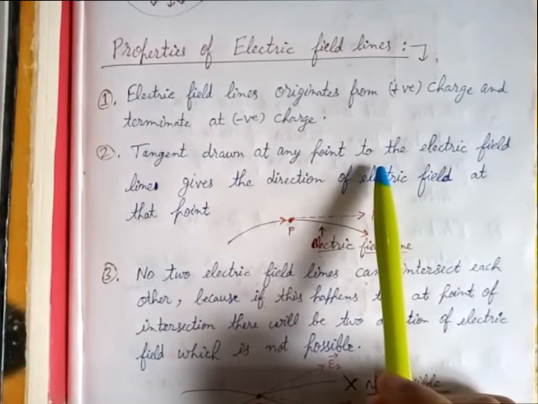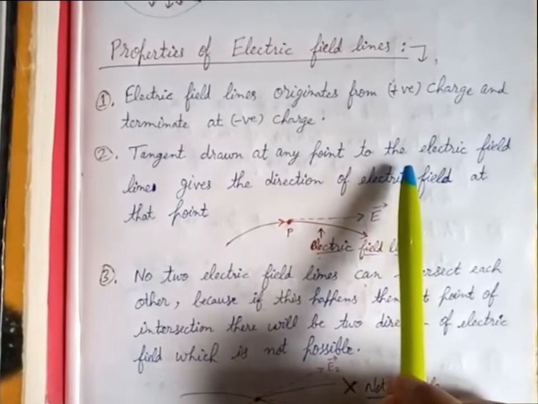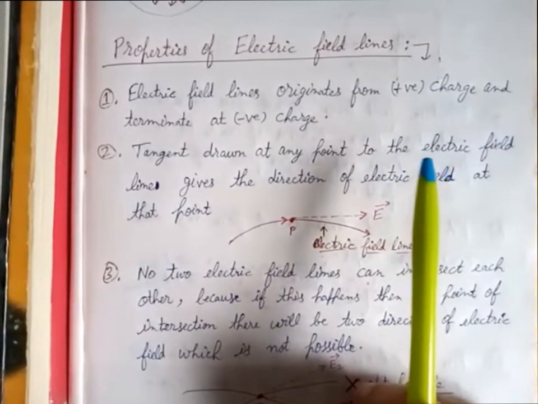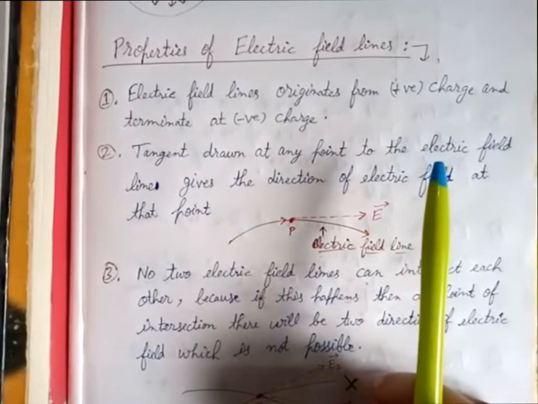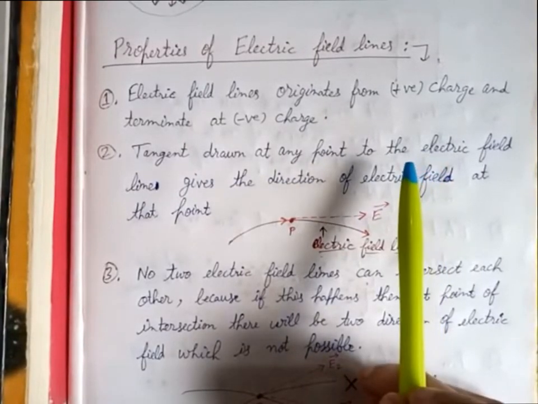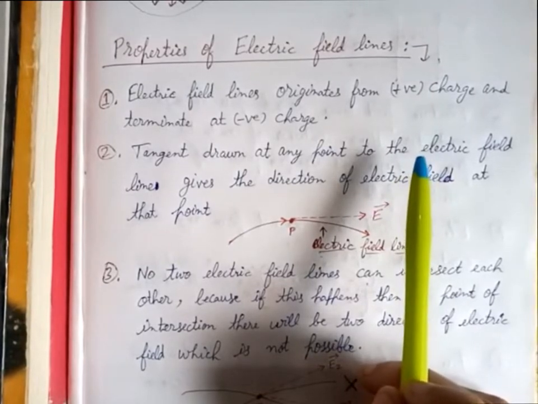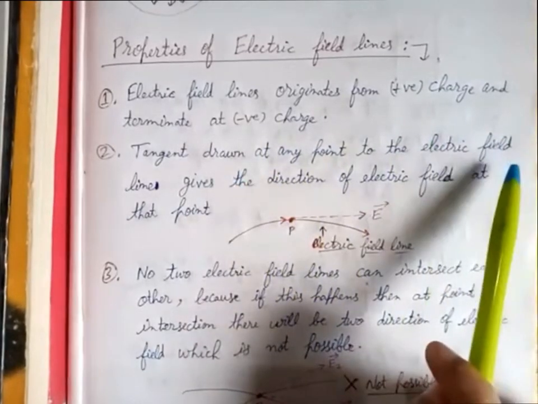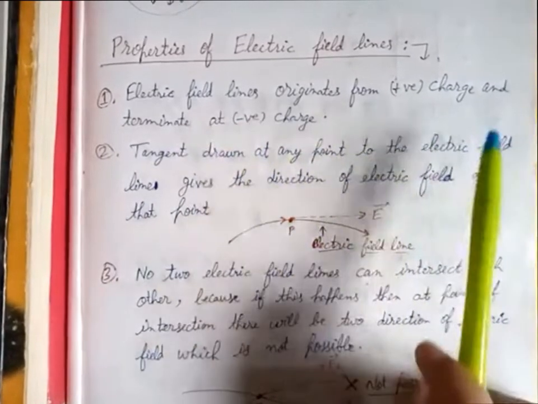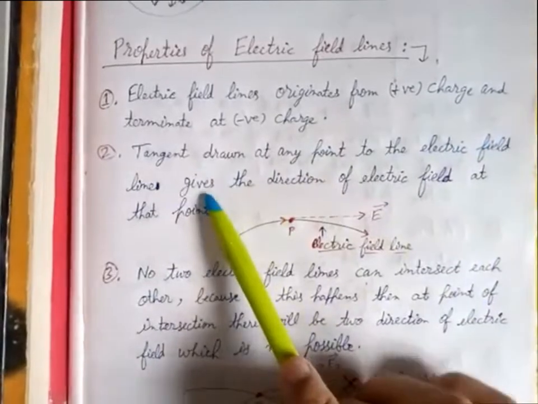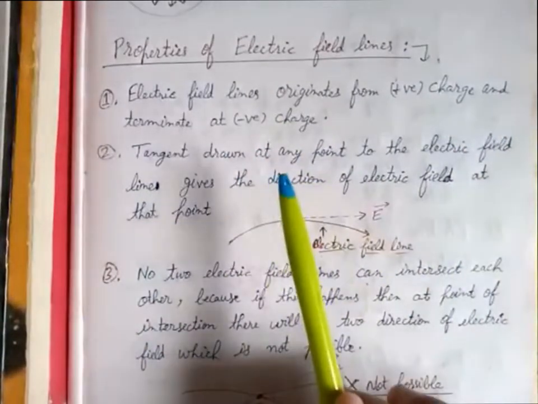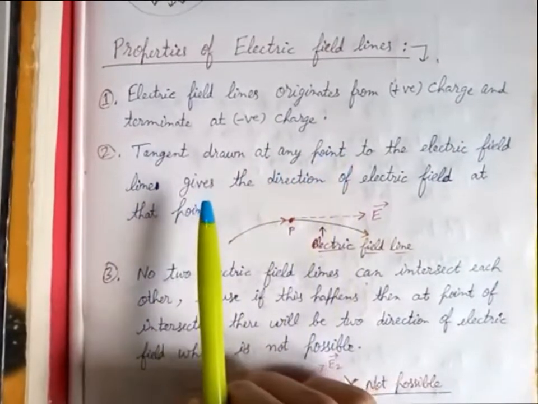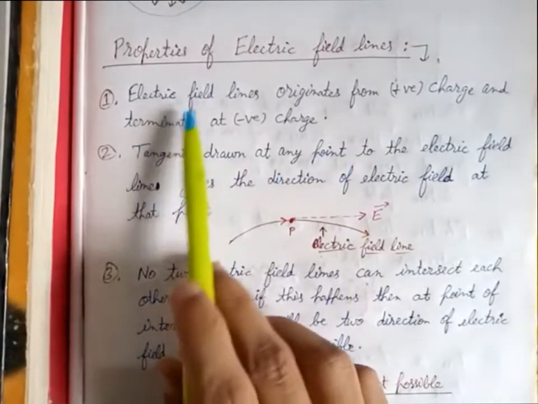When we study magnetism in chapters 4 and 5, we will study magnetic field lines, and we will also differentiate between electric field lines and magnetic field lines. There are some similarities and some differences between these two kinds of field lines. So now we have to study the properties of electric field lines.